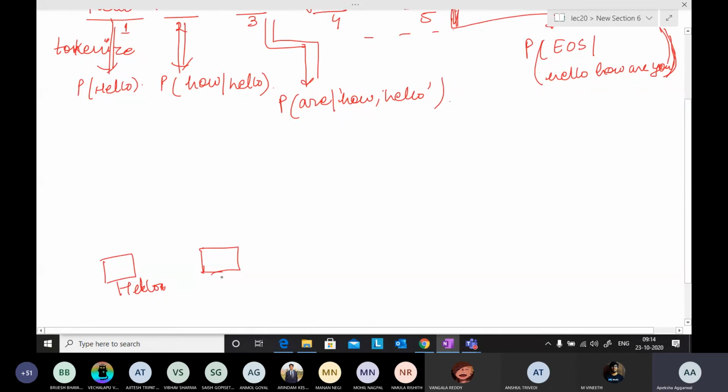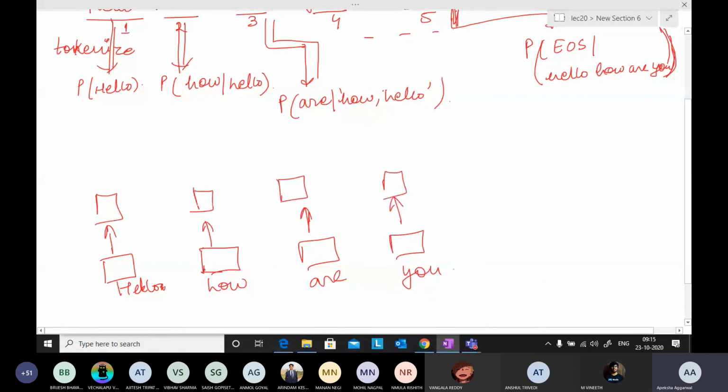I'm not dividing it character wise, I'm learning the model word wise. So hello, how are and you. So this is my hidden layer. Then we have the output layer over here.